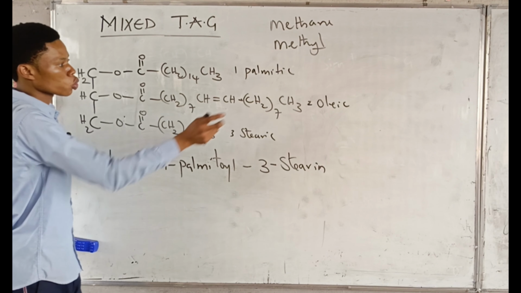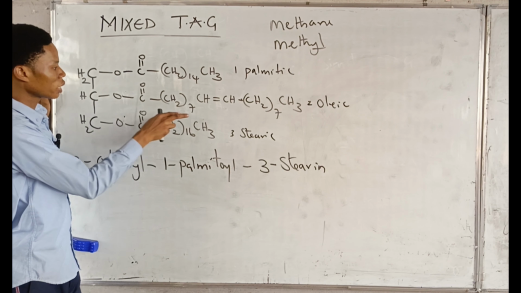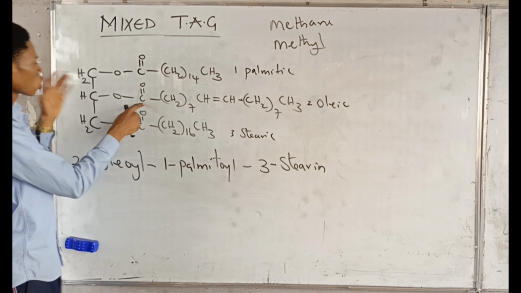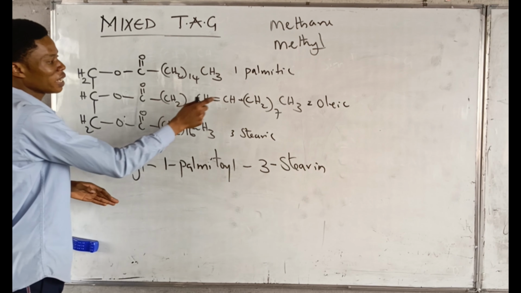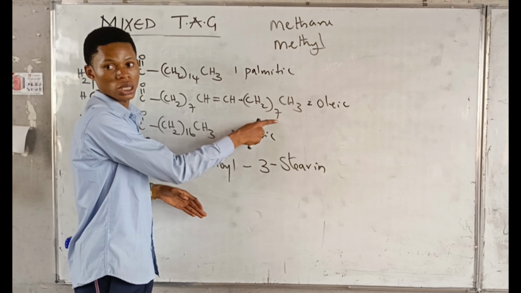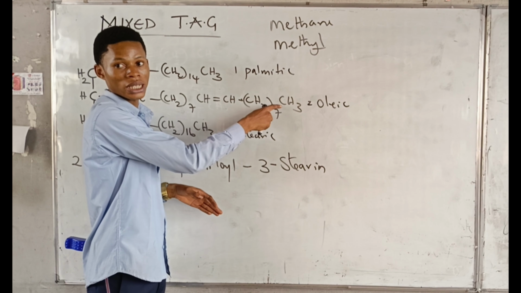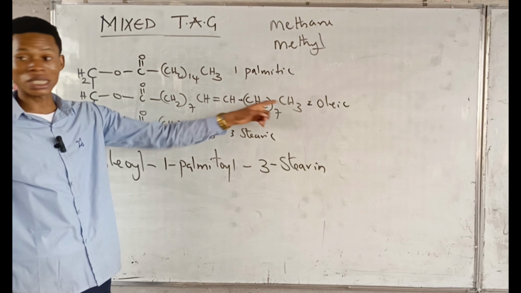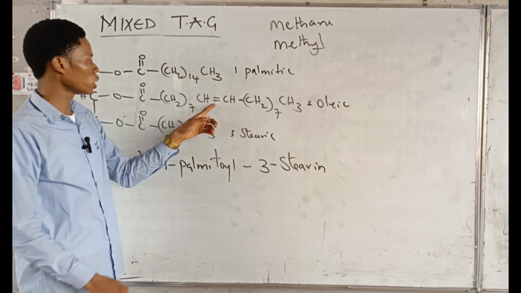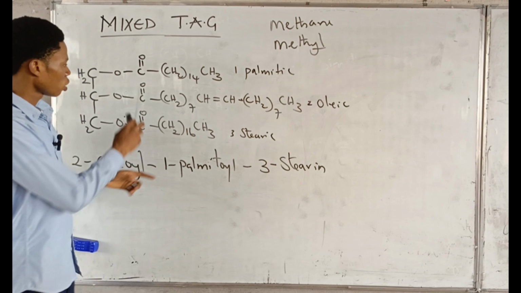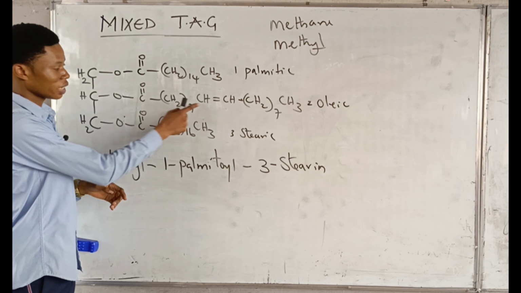This one, if you count the total number of carbon, this is 1, 7 plus 1. Please don't count this one. This one is for the glycerol. So this 8, 9, 10. 10 plus 7, 17, 18, right? 18 carbon with 1 double bond. And the 1 double bond is on carbon what? 1, 8, 9, right?